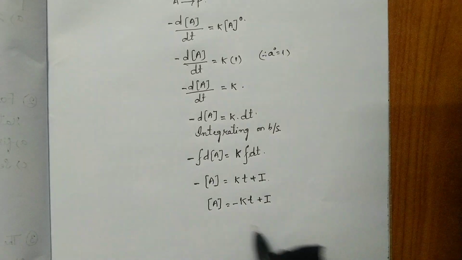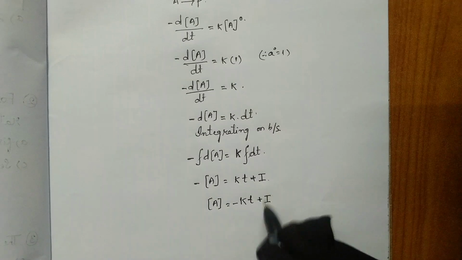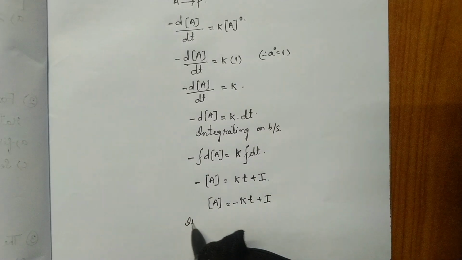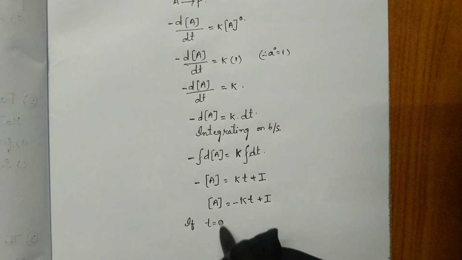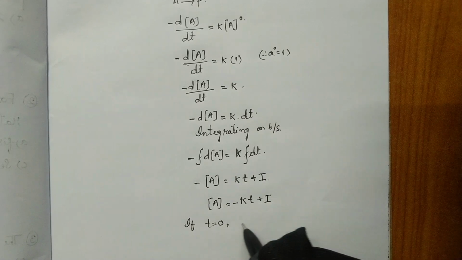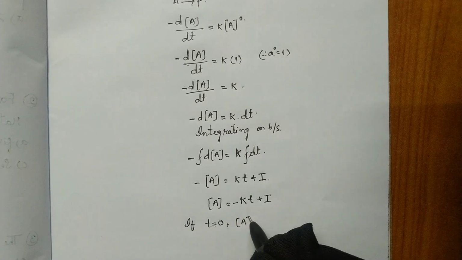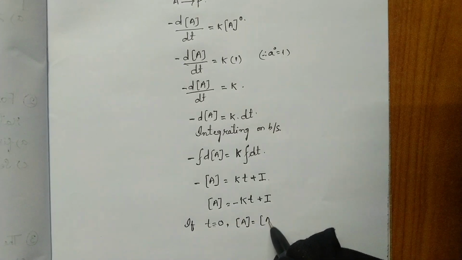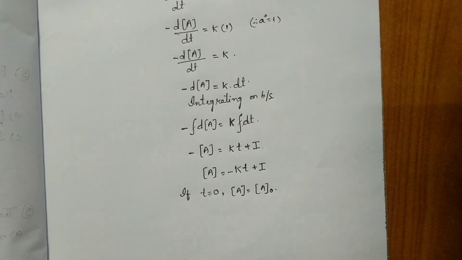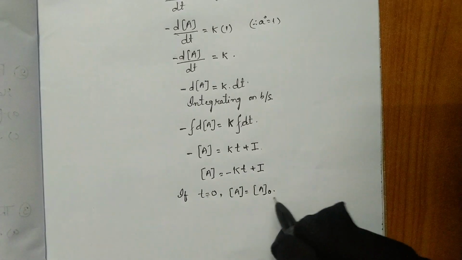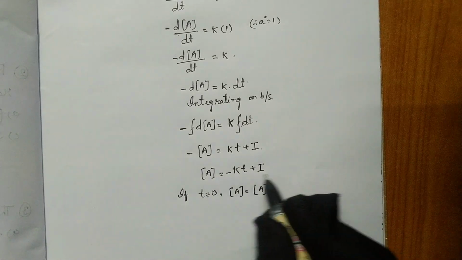Now to find out the value of I, if we take t equal to 0, at time 0 the concentration will be the initial concentration. So substitute this in this equation.